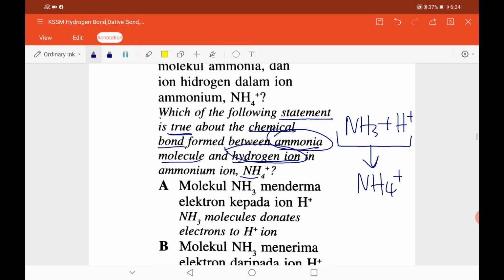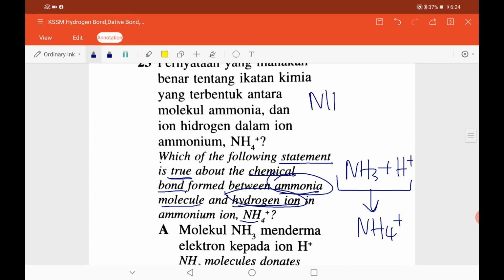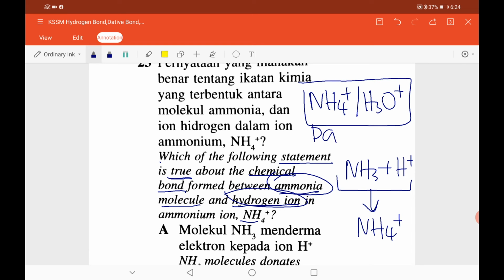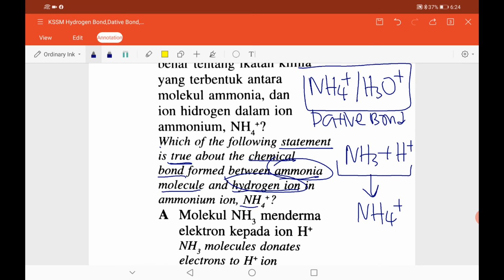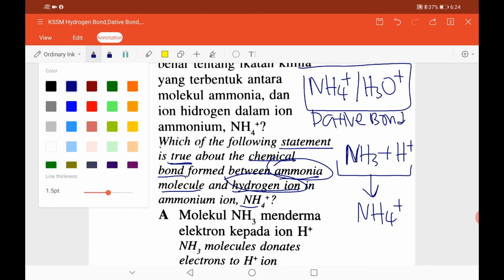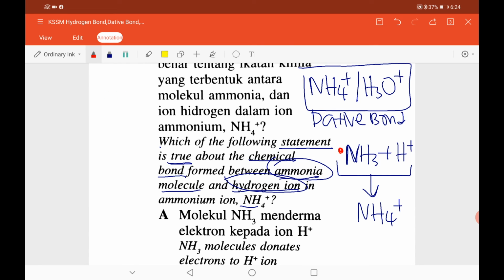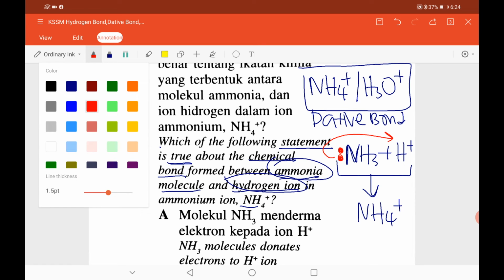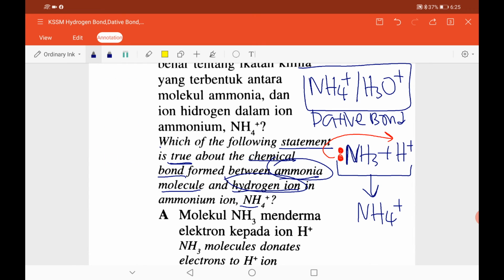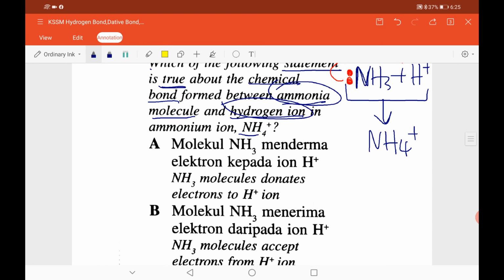I mentioned before, in SPM, NH4 plus and also H3O plus, these two are dative bonds. Reason? Because the nitrogen will give a pair of electrons to the H plus ion. So nitrogen will share a pair of electrons to the H plus ion, so it's a dative bond. So we go for the answer that relates to dative bond.